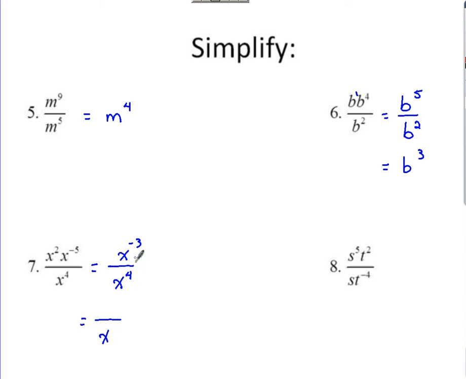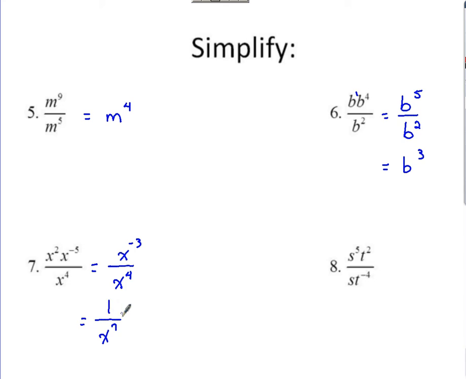So as I compare these x's, higher power of the x's is down here in the basement. So for my x here, my answer needs to be down in the basement. If I put that down in the basement, take higher power, subtract lower power. What's 4 minus negative 3? That's just going to be 7, right? But what happens to the top? Since nothing's left, we put a 1 to hold that place value.